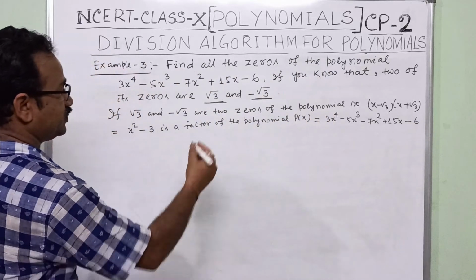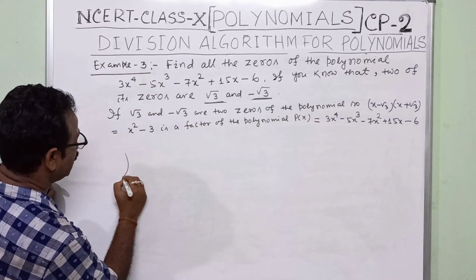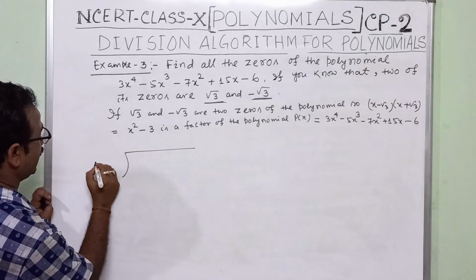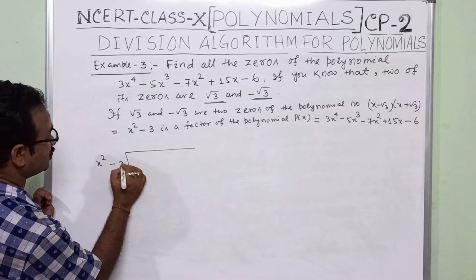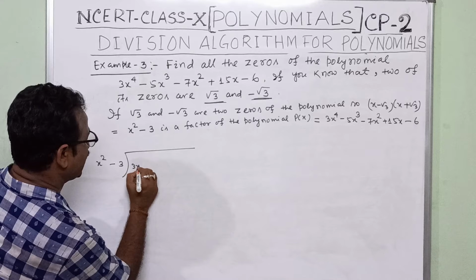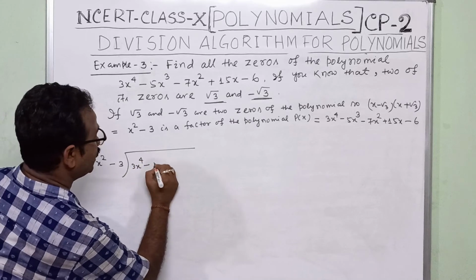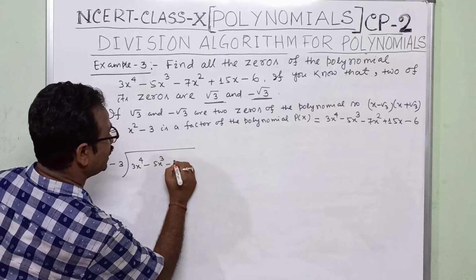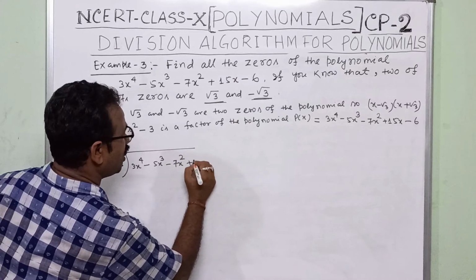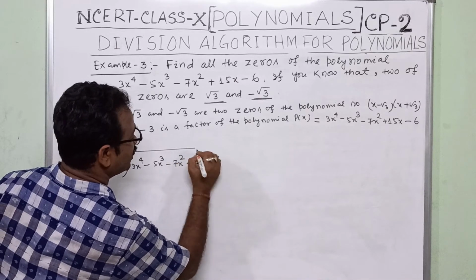Now we'll divide. What to divide? By x square minus 3. Here is 3x to the power 4 minus 5x cube minus 7x square plus 15x minus 6.